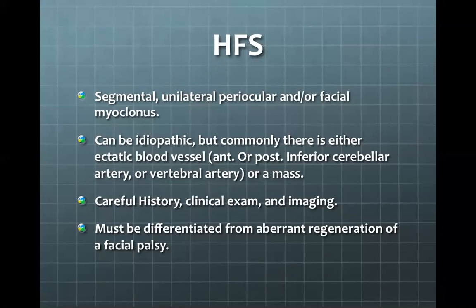But if it becomes atypical, then we should be careful and image him and follow him closely. Facial aberrant regeneration after facial palsy might look like hemifacial spasm, but you can differentiate it by careful history.